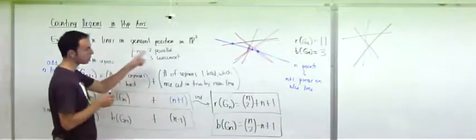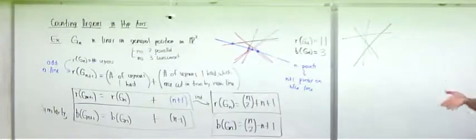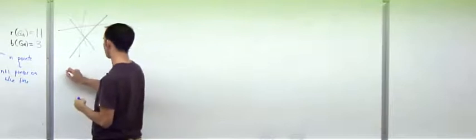So all I need is no 2 parallel, no 3 concurrent. I don't need anything else. Okay? And now you see why, for example, I don't care if they're perpendicular. As long as the things are intersecting, that's all I care about. So this one has 6 bounded regions. But this is G5.